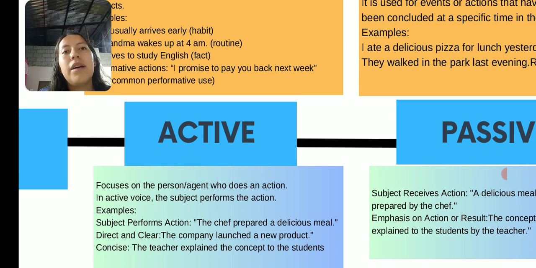The active voice focuses on the person who does an action. In active voice, the subject performs the action.